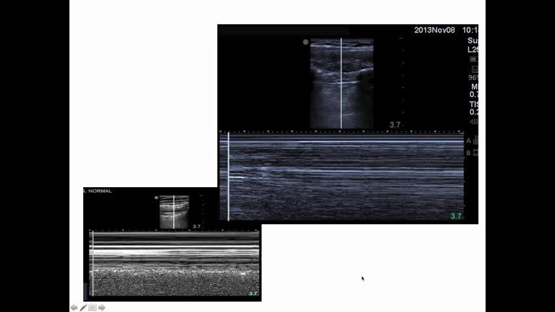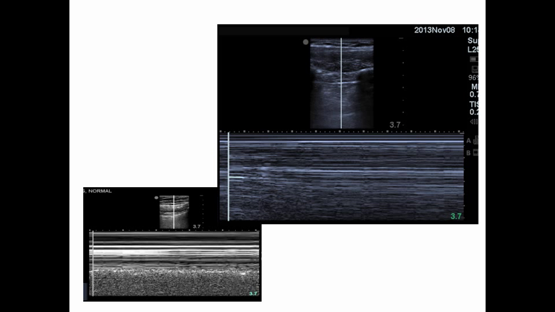This is another example of the same finding. This was a patient that we took care of a couple of weeks ago. We did put in a chest tube in this patient up on 5 Tower.